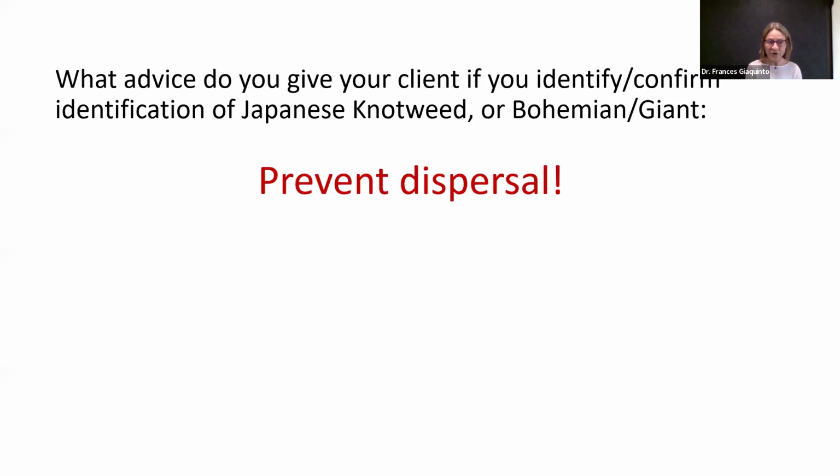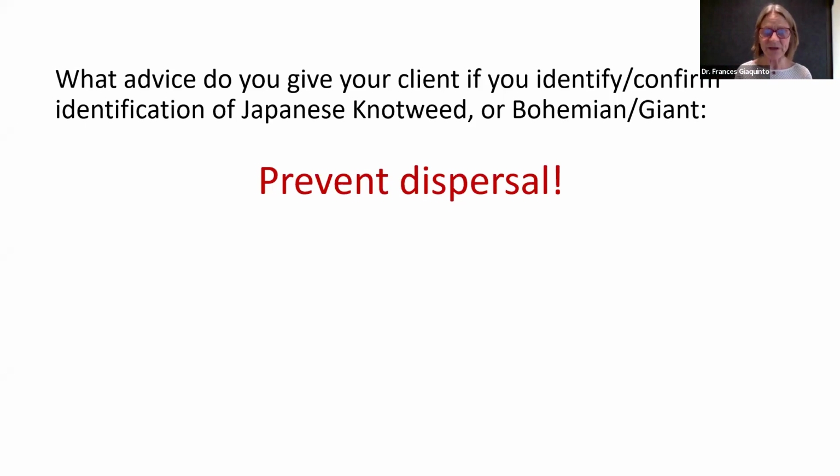Right, now, the first and most important thing, if you're working in a professional capacity, or even if you're just talking to neighbors and friends, or you're buying a house yourself, if you come across Japanese knotweed or its relatives, the most important thing that you can say or do is you must prevent dispersal.